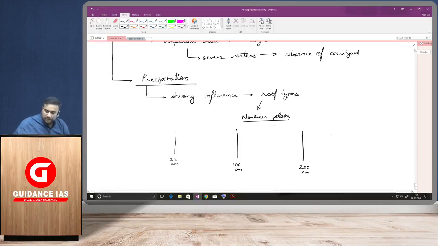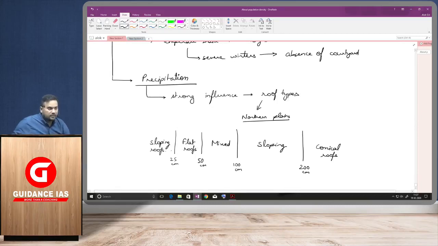So what is the roof type which we'll be finding here? There would be presence of conical roofs, because there is very heavy precipitation. Here in between this area there would be presence of sloping roofs. Here in fact यहाँ पर 50 centimeter भी कर लो. Here there is more mixed types which would be found. Here there is presence of more flat roofs. And here again the roofs would become sloping.